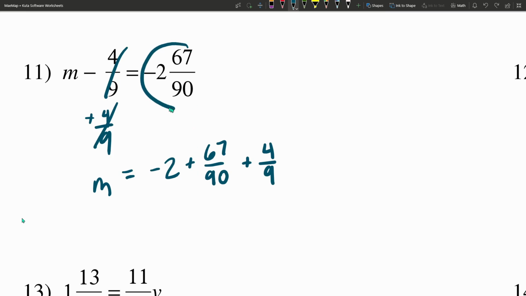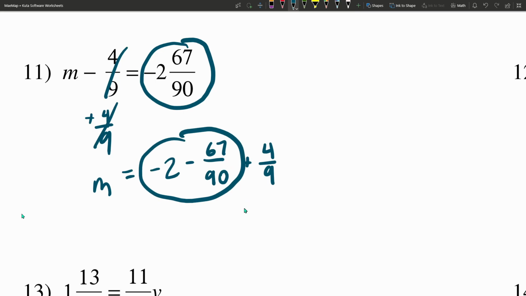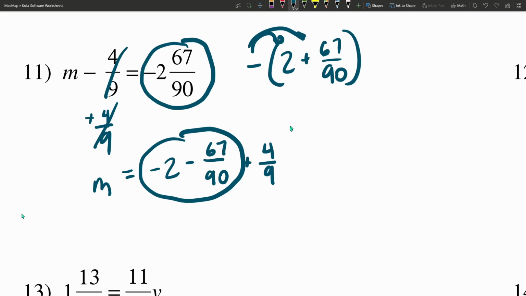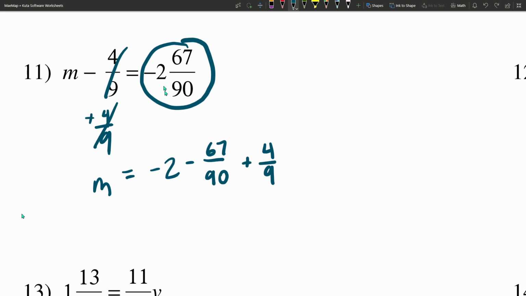However, because this is a -2 and 67/90, this isn't added together. -2 and 67/90 is -2 minus 67/90. That's -2 and 67/90. Both are negative. So when I add them together, we should add them like so, remembering to distribute that negative to each. If this was positive out in front, they'd both be positive.